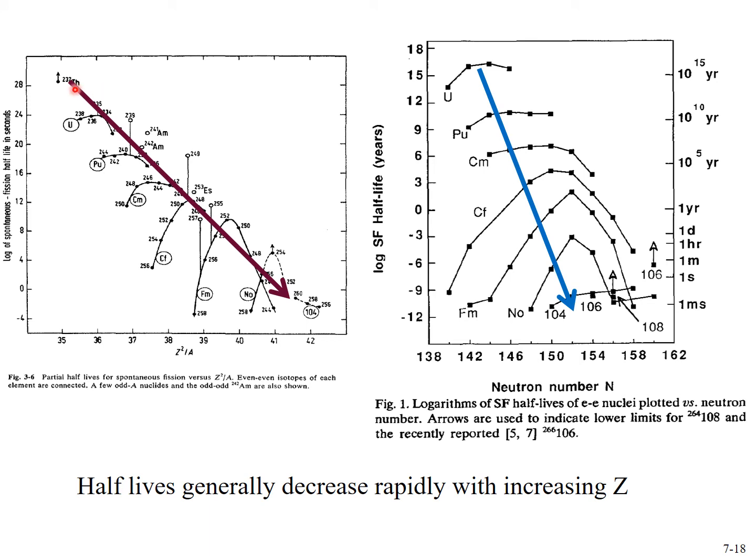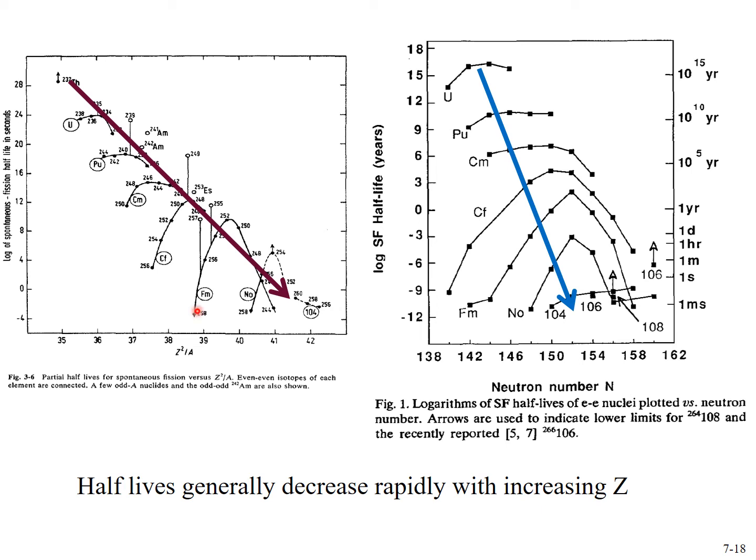Here, as we go from thorium, uranium, plutonium, curium, californium on to element 104, we're plotting the half-life versus Z squared over A. We see that as we go higher in atomic number and heavier in mass, we tend to see a general trend.